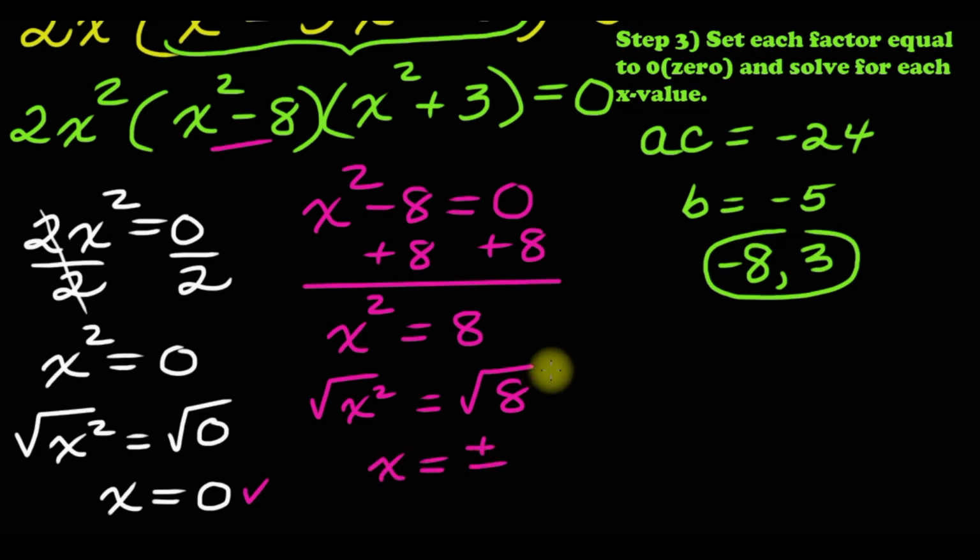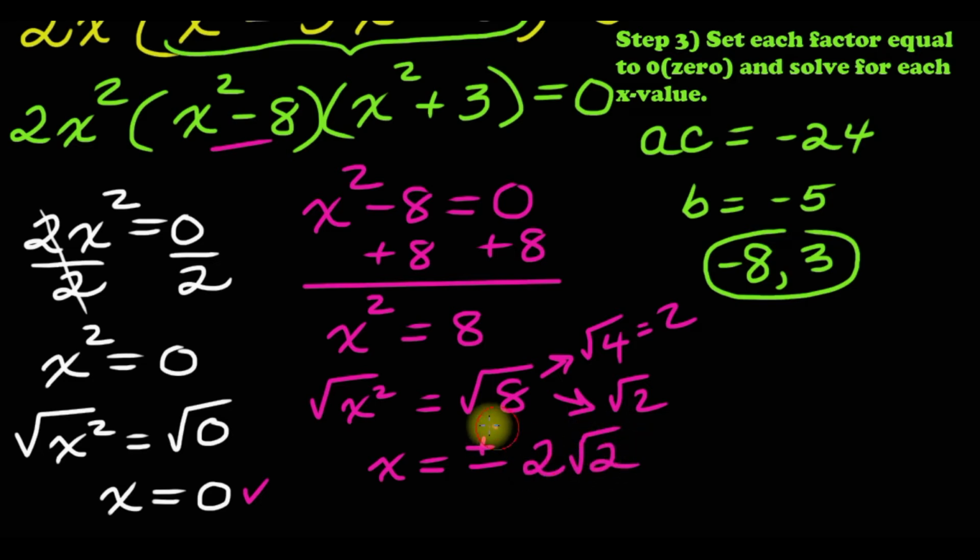Now we have to simplify this, so we can break this up into the square root of 4 times the square root of 2. So this is going to be 2, so this would be 2 square root of 2. So we have two more roots here, because of the plus and minus.